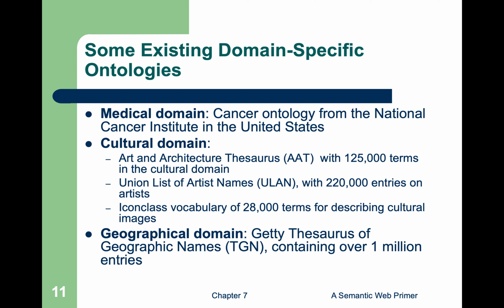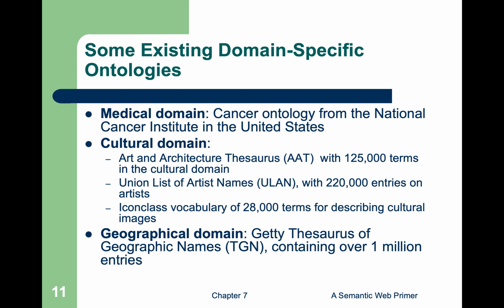Moving further on this, the medical domain has the cancer ontology from the National Cancer Institute in the United States, right? The cultural domain has the Art and Architecture Thesaurus, AAT, with 125,000 terms. The Union List of Artist Names, ULAN, has 220,000 entries on artists, right?